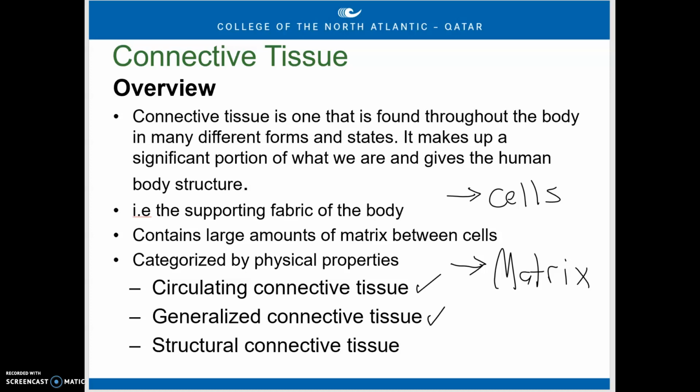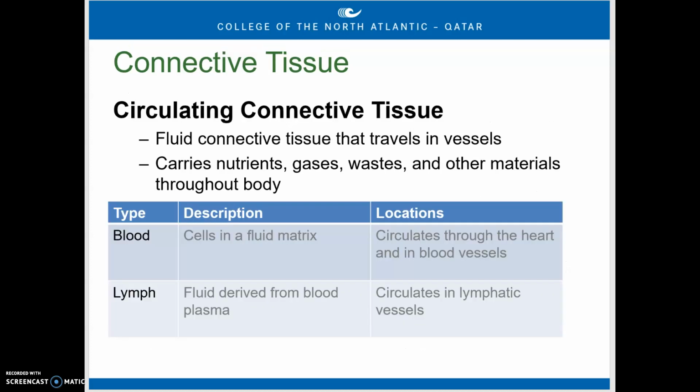So it's not quite a liquid, but it's not quite a solid. It's like a gel. And finally, the matrix can be really, really hard if it's full of different minerals and salts, and that can give us our structural connective tissue. So we'll go through it in this unit, and we'll explain what each one of these is. But don't forget, there's the living part, the cells, and the non-living part, which is the matrix.